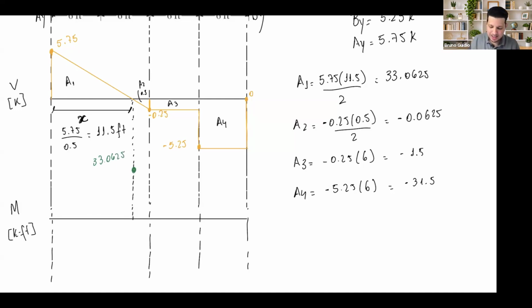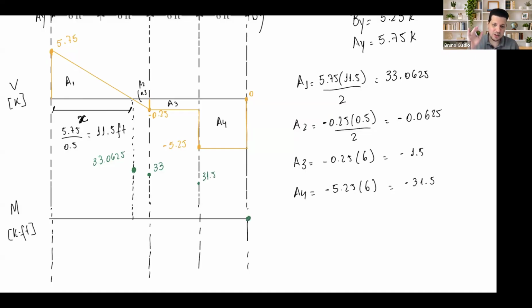And then that plus this difference will push me to 33. Plus this difference, I have to decrease that much, 1.5. I'll go to 31.5. And then from 31.5, I'll go back to 0.